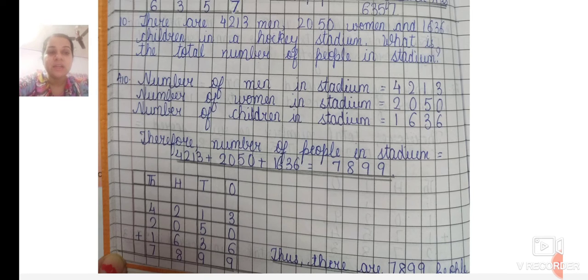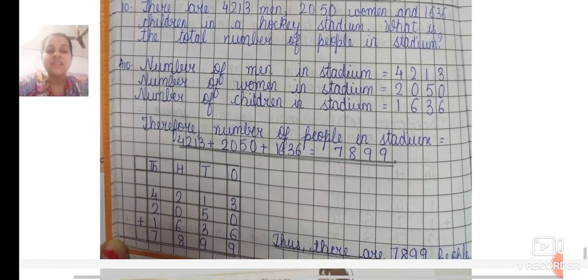So how will you write? You will write therefore number of people in stadium is equal to 4,213 plus 2,050 plus 1,636. Then what will you do? You will arrange these numbers in the correct columns. Then you will add the three numbers.